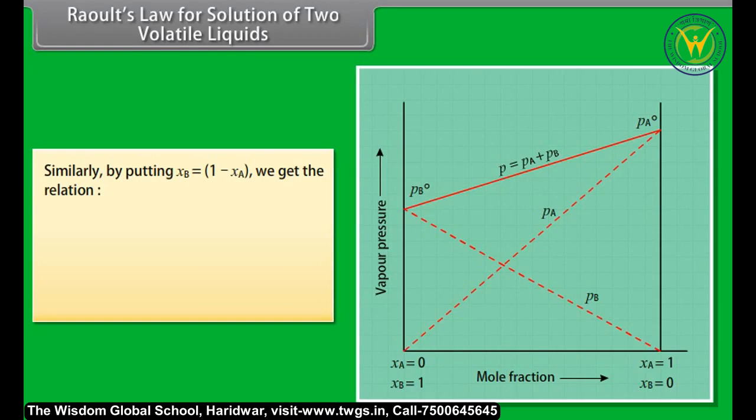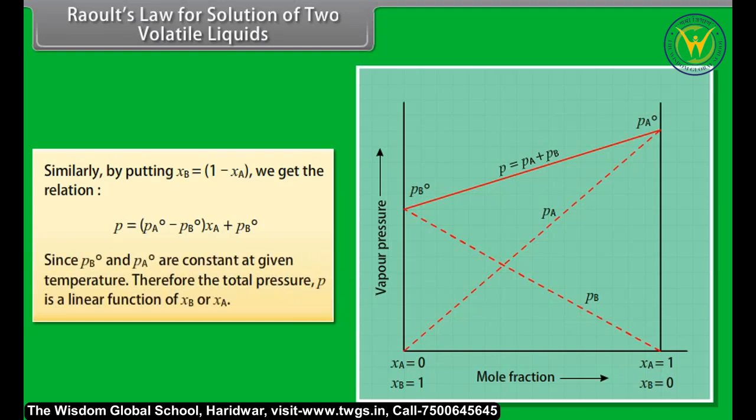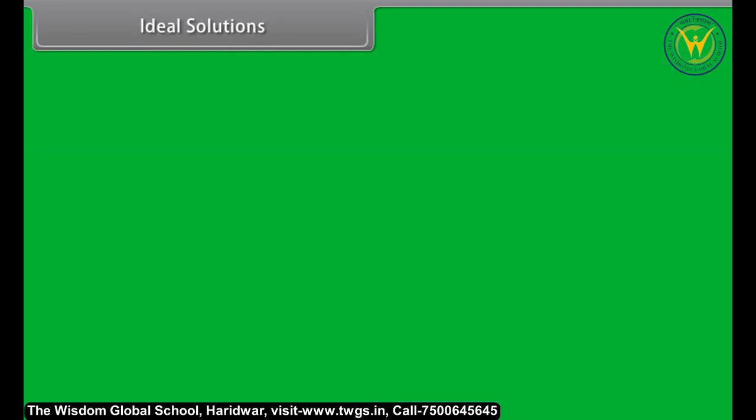Similarly, by putting XB = 1 - XA, we get the relation P = (PA° - PB°) XA + PB°. Since PB° and PA° are constant at given temperature, therefore, the total pressure P is a linear function of XB or XA. Ideal solutions.